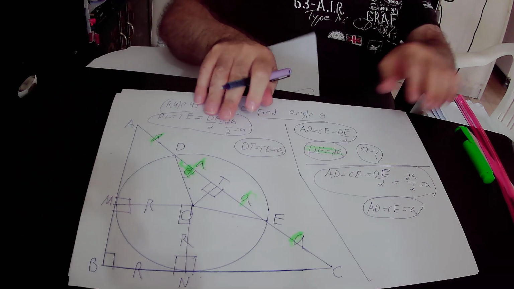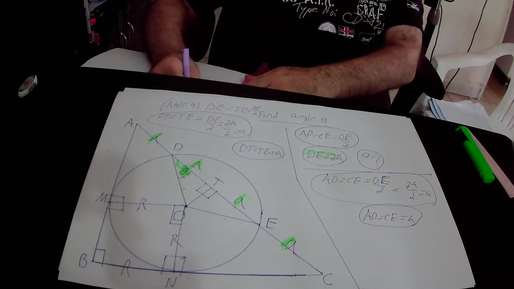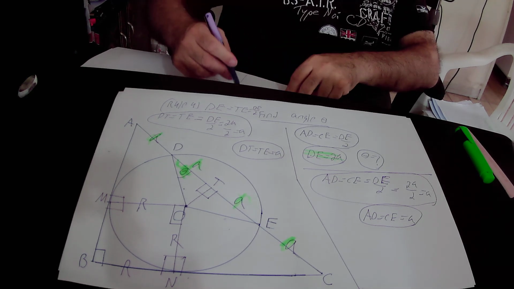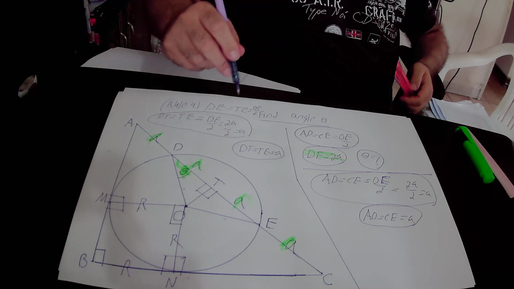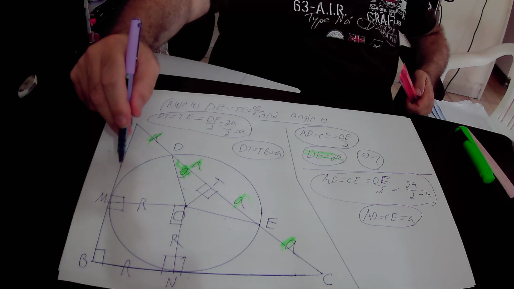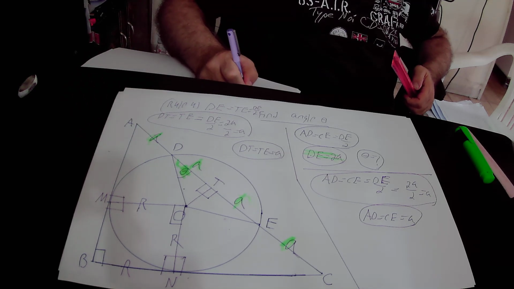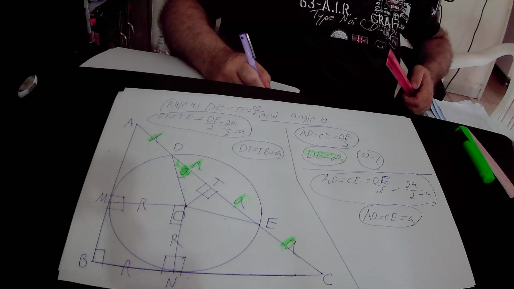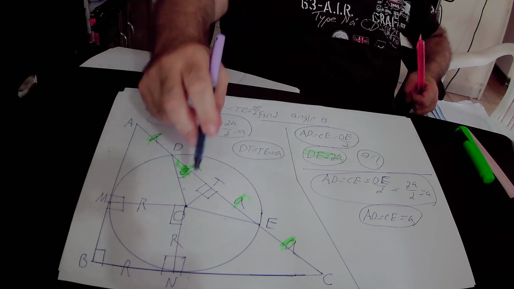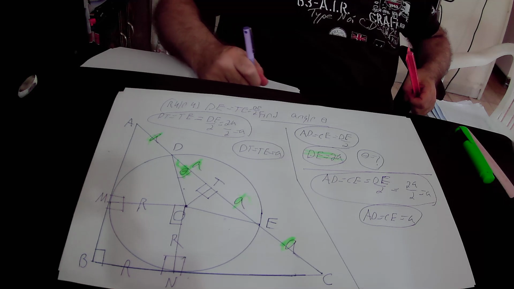Likewise, according to the same rule that the opposite sides of a rectangle are equal to each other, we get that ON equals MB. But we have already found out that ON equals R. It is the radius of the circle.